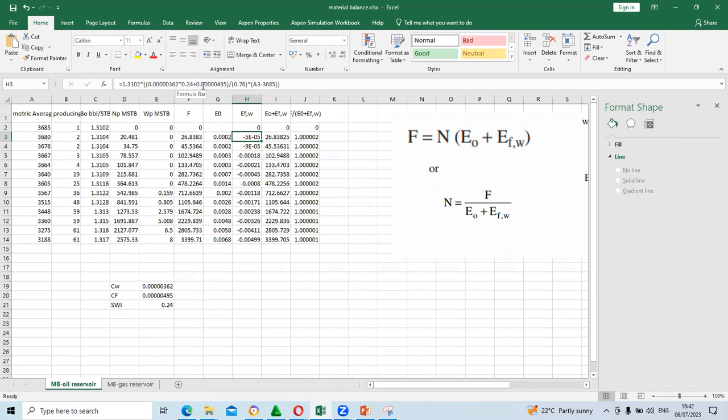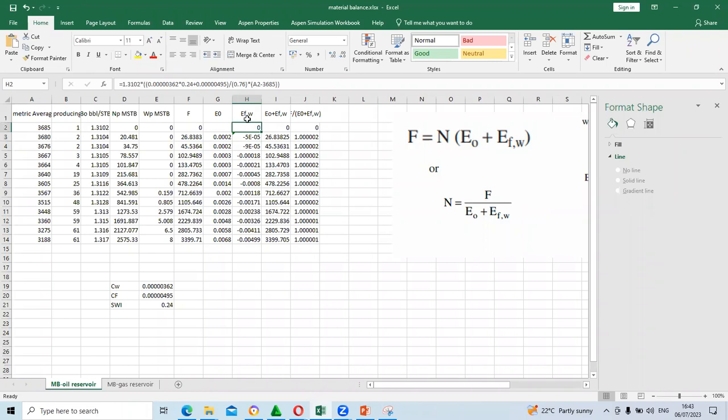I'm just trying to cross-check this formula to be sure that everything is in place. There's an error there.